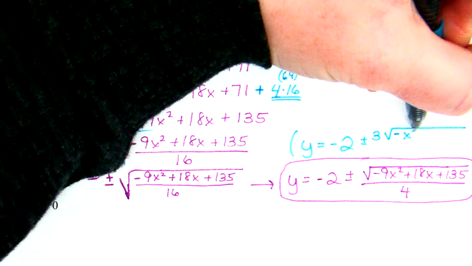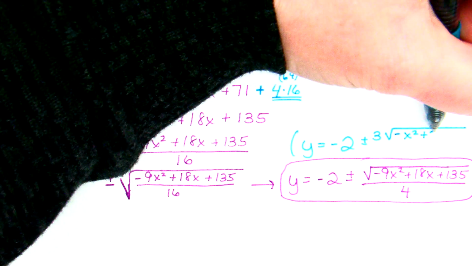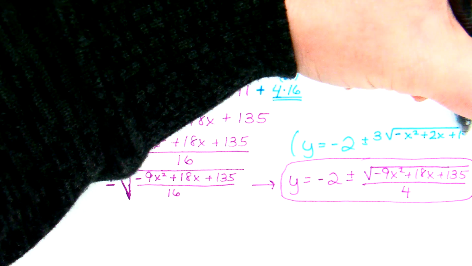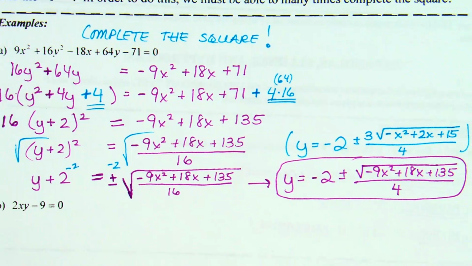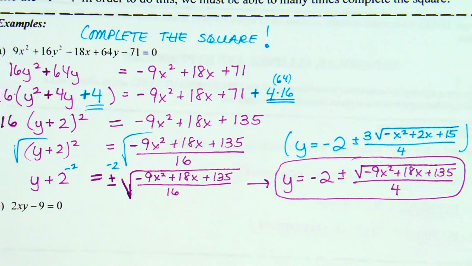So it's negative x squared plus 2x plus 15. All over that 4 we already have. That would be yet a third way. Guys, I've given you 3 options of how you could type it in, and they would all produce the equivalent graph. Okay?